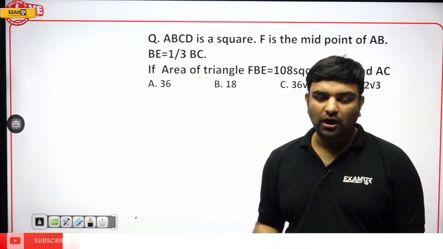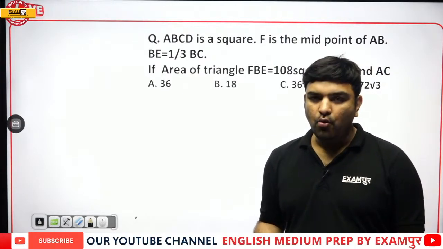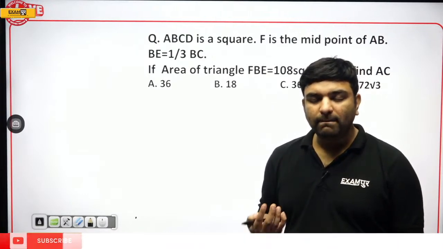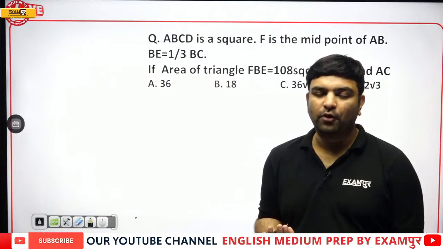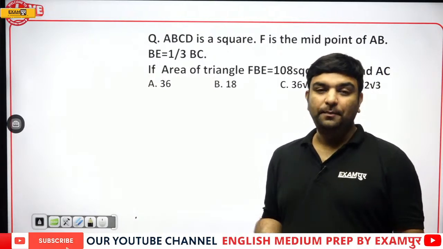Triangles problem solving requires a sound knowledge of theory. However, quadrilateral problem solving doesn't require too much theory. That's my personal belief.